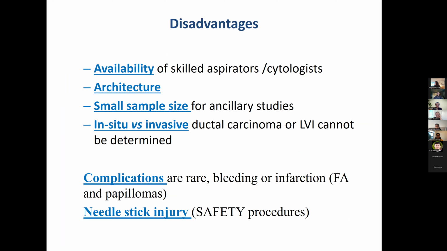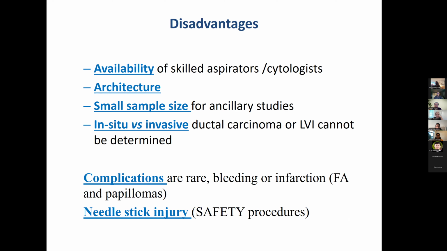Of course, the disadvantage of this is you have to have availability of skilled aspirators and cytologists, and they should be familiar with cytology, because most surgical pathologists are very familiar with architecture, but not so much with the cells themselves. And of course, there's a very limited sample size.